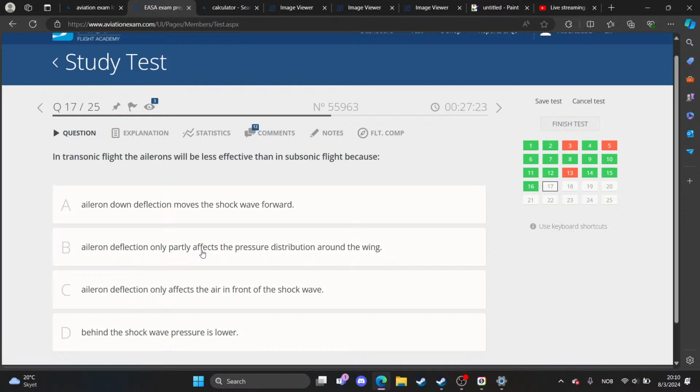Aileron deflection only partially affects the... aileron deflection only affects the air in front of the shockwave. No. Okay, this one's a hard one. Behind the shockwave, pressure is lower.